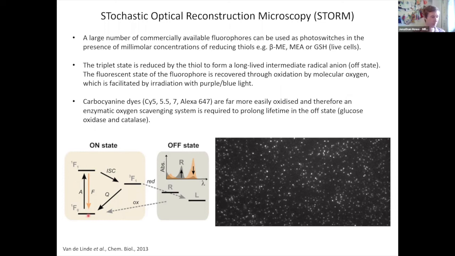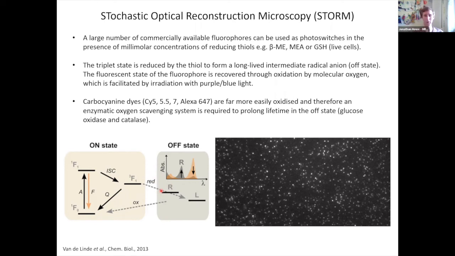But there is a slim probability that the fluorophore will return to the ground state via this triplet state here on the right. And it happens that this triplet state is sensitive to reduction. And if it's reduced by these thiols, it produces this long-lived off state, so-called radical anion. And the idea of the STORM experiment is to push or shelve the majority, like 99.9% of the molecules, in this off state.